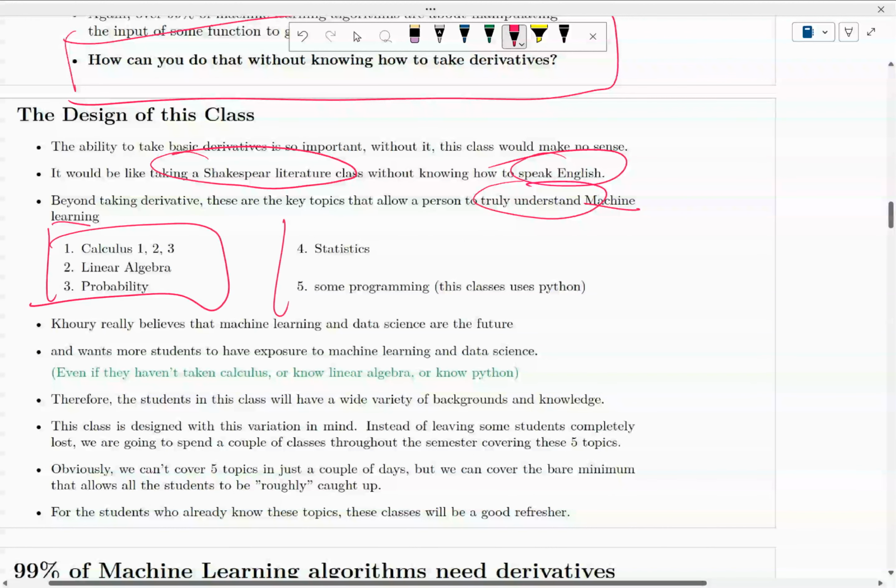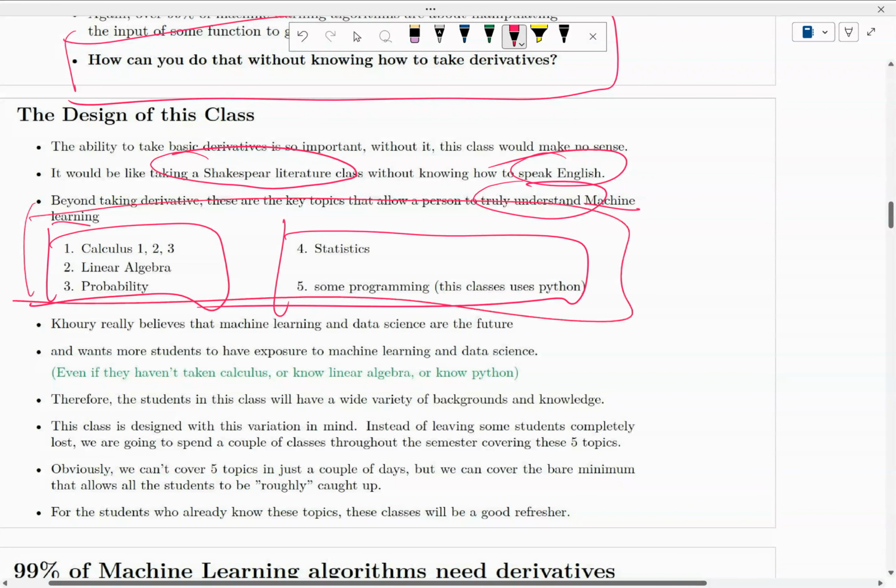This is a lot of math courses just so that you could truly understand machine learning. Therefore it is very difficult for non-math majors to break into machine learning. And since we really believe that machine learning and data science are going to be the future, setting this high bar means a lot of CS students won't be able to take the class.